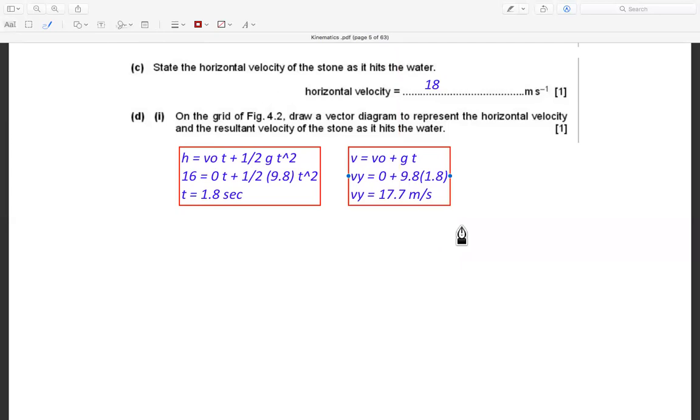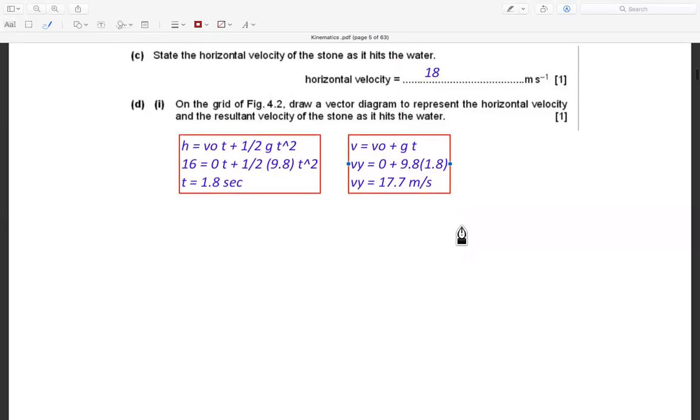Then after that we can get theta. Tangent theta is Vy divided by Vx, the horizontal velocity. Tangent theta means Vy is 17.7 and then Vx is 18. So 17.7 divided by 18 is 0.98.